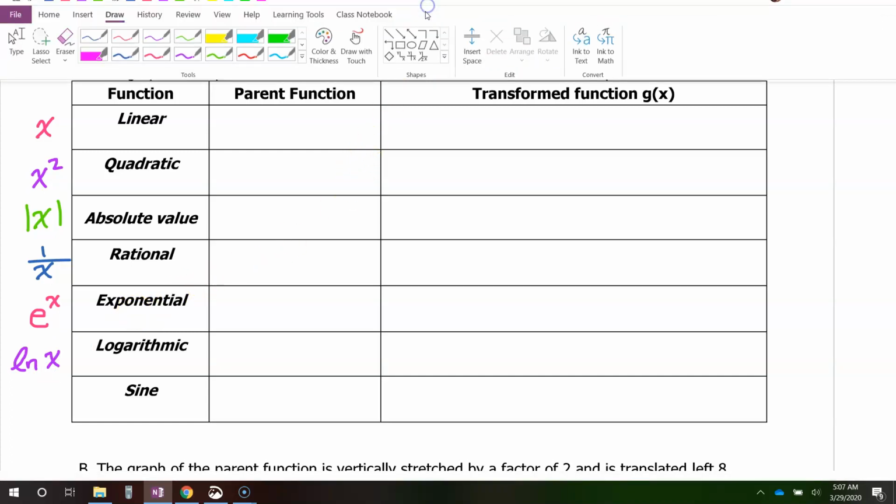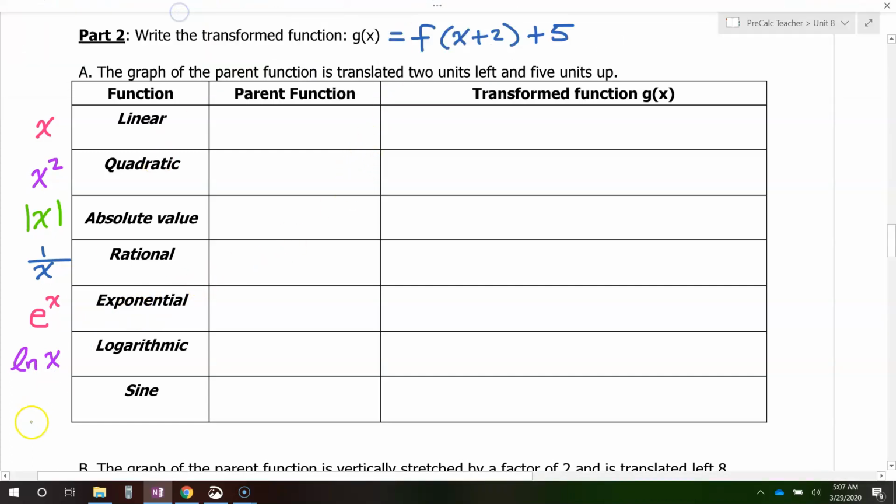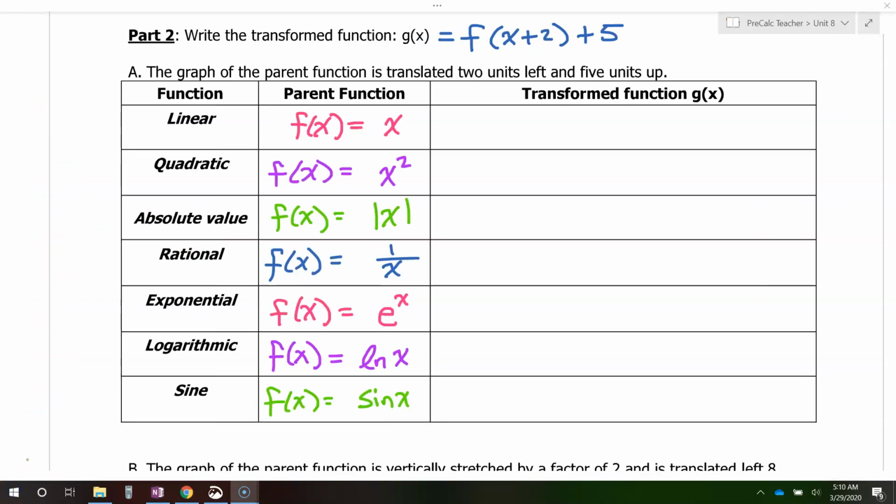And sine function would be like sine x. So we are going to do this plus 2 and minus 5. Where it says parent function, that's where they wanted me to write all of this stuff down. Okay, I fixed it. This is what they wanted me to do.